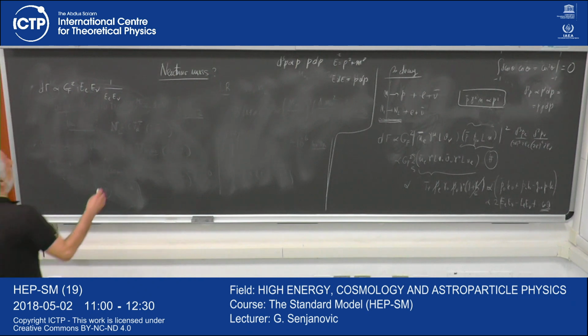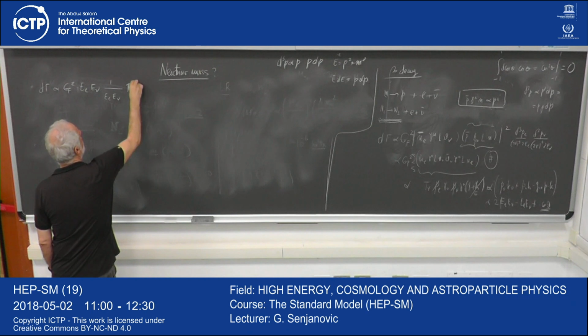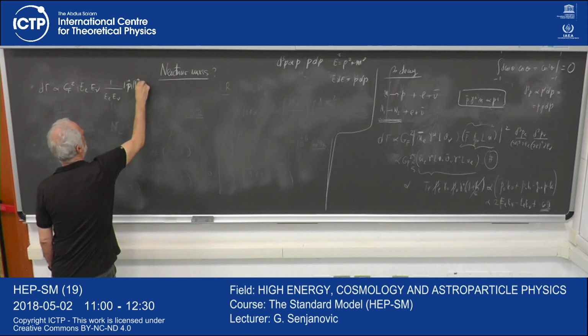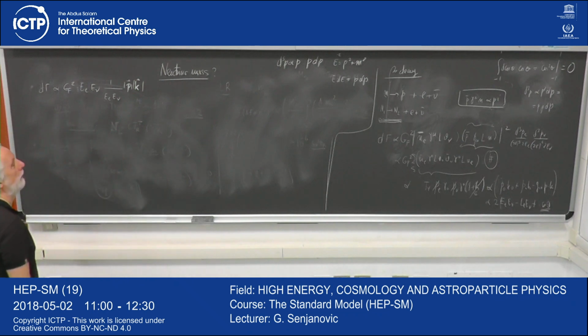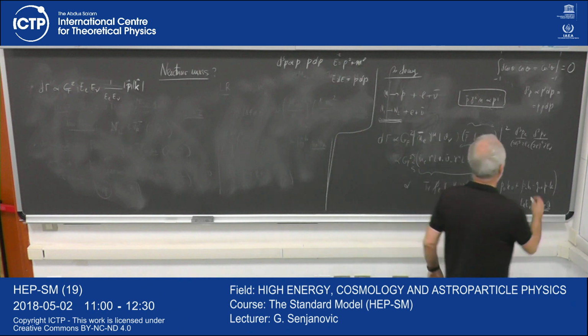So what I would have is P, the momentum of the electron, K, the momentum of the neutrino. So by this, let me not have any confusion. These are coming from these.